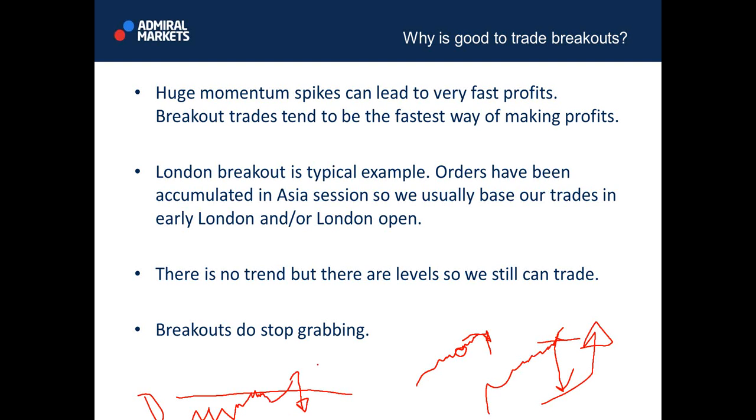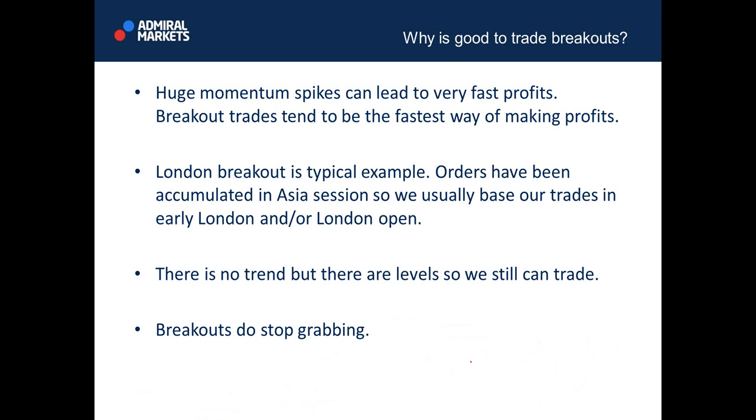If you forgot to close your order, then you're in a loss, because that was a fake out. Okay? And you traded a trigger-happy trade. So the important thing to know is, when it comes to breakouts, it will also come to stop grabbing.